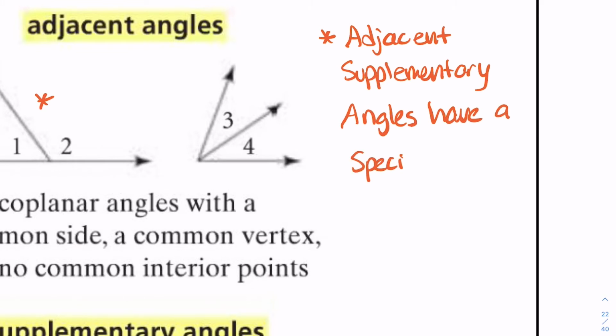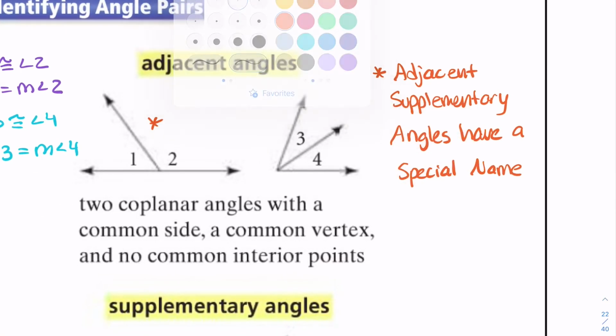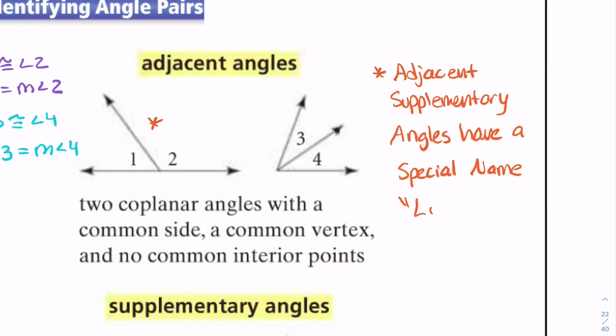If they are both adjacent and supplementary, they are called a linear pair.